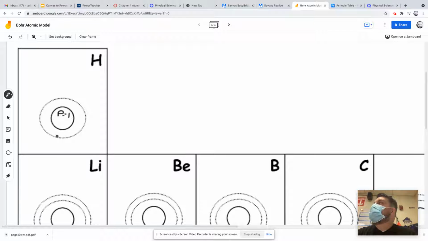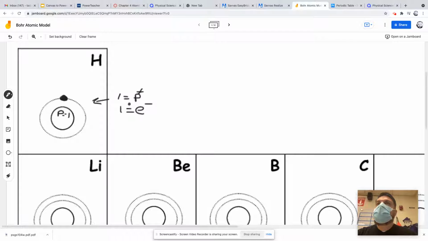Now if it has 1 proton, I know that it has 1 electron. So you were supposed to put 1 dot here. So for hydrogen, we know that it had 1 proton. That's a plus symbol. And we knew that it had 1 electron.